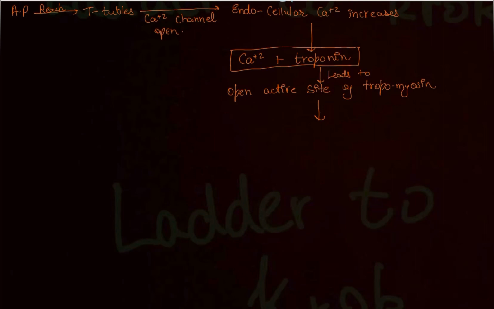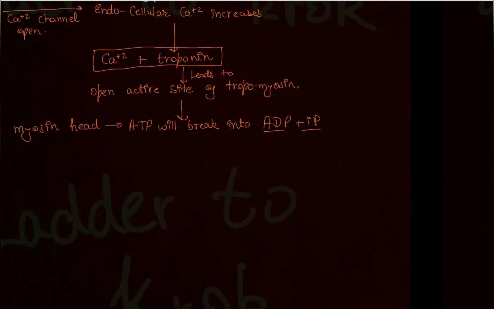Now the active site is open, and at the same time, as I already told you, on the myosin head, ATP will hydrolyze or break into ADP plus inorganic phosphate. Now this inorganic phosphate will be released.